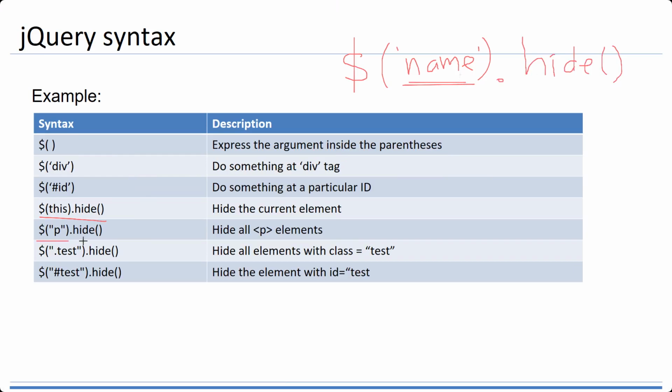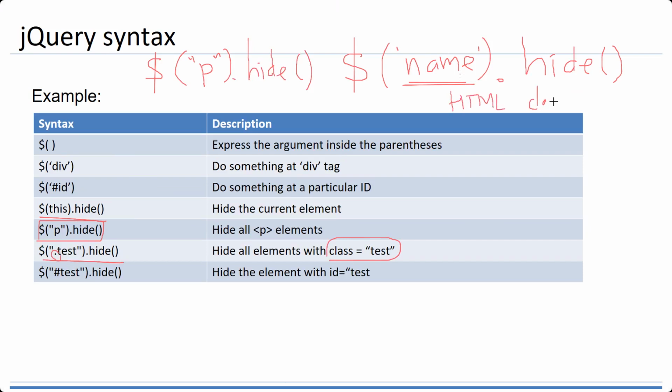Or let's say I'm going to hide the P, the paragraph element. Then I will just put jQuery and then call the P, or the paragraph, and then do, for example, hide. This is the action. I have dot test. The dot means it is related to the class. In the HTML, you have the class.